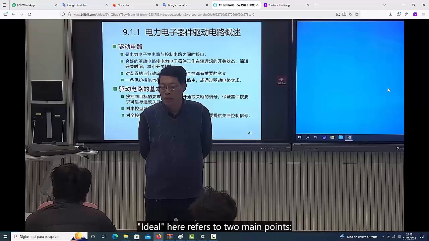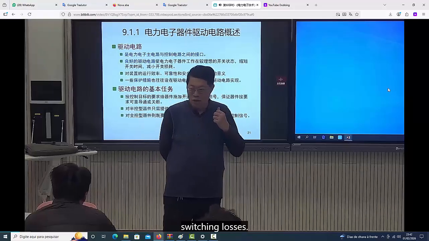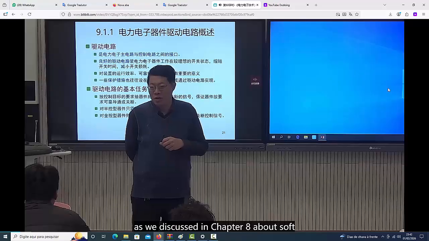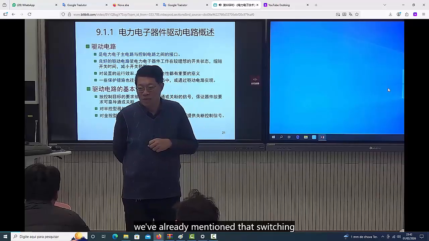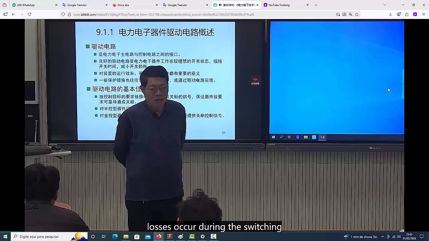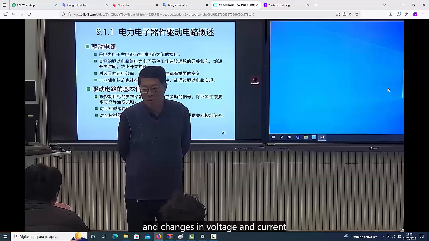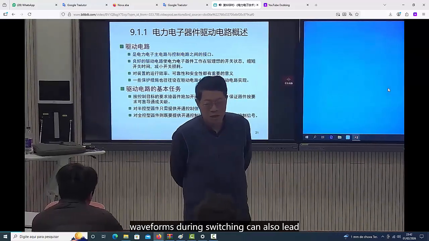Ideal here refers to 2 main points: shortening switching time and reducing switching losses. Conversely, as we discussed in Chapter 8 about soft switching, switching losses occur during the switching process, and changes in voltage and current waveforms during switching can also lead to switching noise and electromagnetic interference.